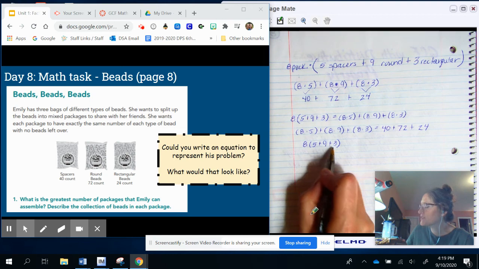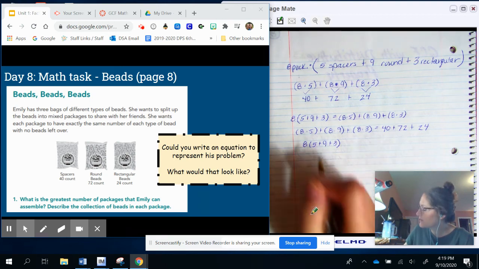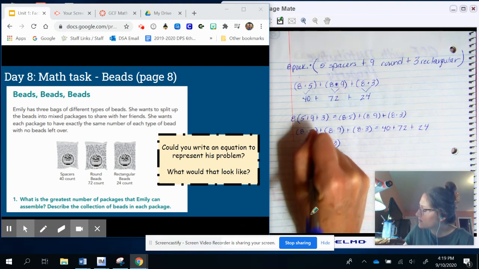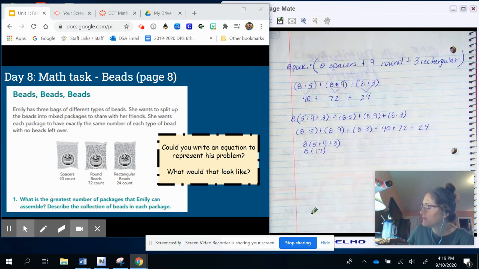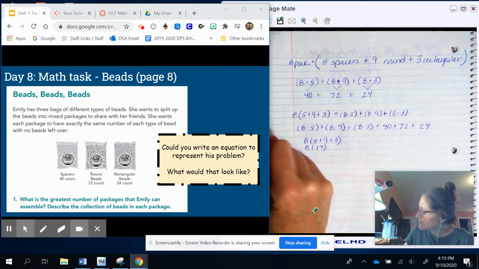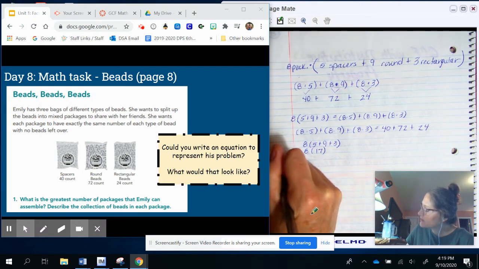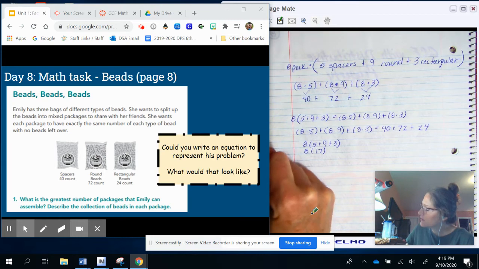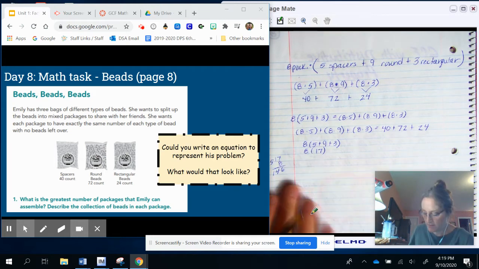What is 5 plus 9 plus 3? 17. What is 8 times 17? Let's work it out over to the side. Did you get 146?